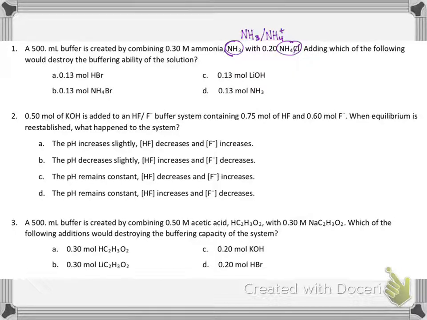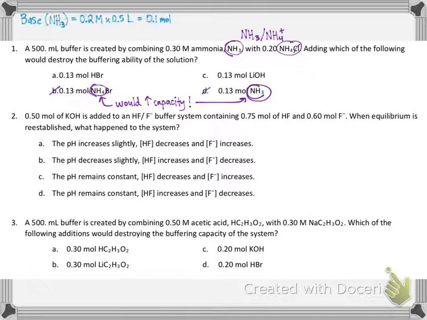So we can eliminate two of our answer choices because one is ammonia and the other one contains ammonium. But to distinguish between the other two, we need to calculate how much ammonia and how much ammonium we have. Well, for the base, NH3, we've got 0.2 molar times half a liter gives us 0.1 moles.